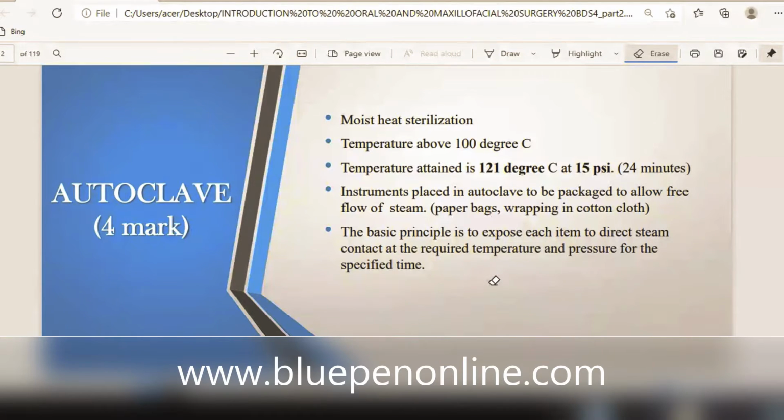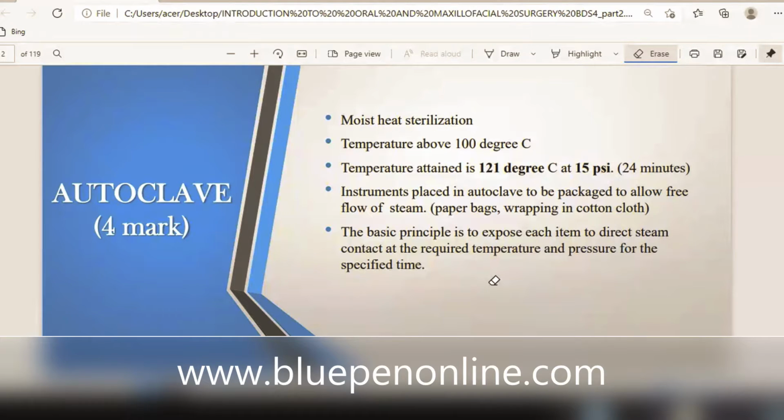It can range from 24 minutes to 30 minutes. You just round and write 24 to 30 minutes, you put the instruments in autoclave. The basic principle of this autoclave is that you cover all your instruments in a green cloth or a paper bag or something like that, and you keep inside the autoclave, and you close it and turn on the autoclave. So what happens there is a direct steam comes in contact with the instrument.